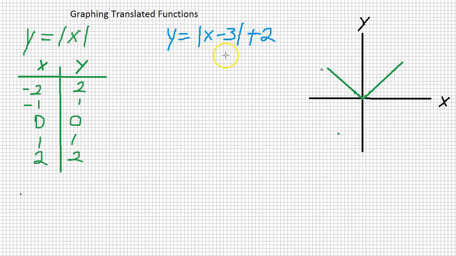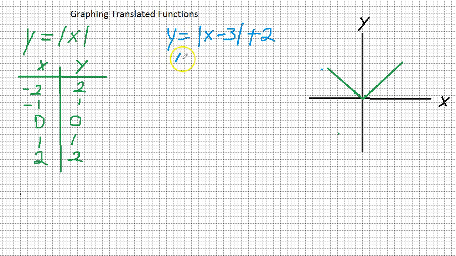Now, let's take a look at our shift. First of all, this will move right 3 units. Remember, because if I took x minus 3 equal to 0, solved for x, I would get x equals 3. So it's 3 units in the positive direction. So let me get my pencil.